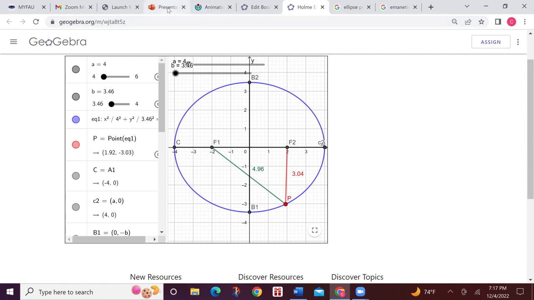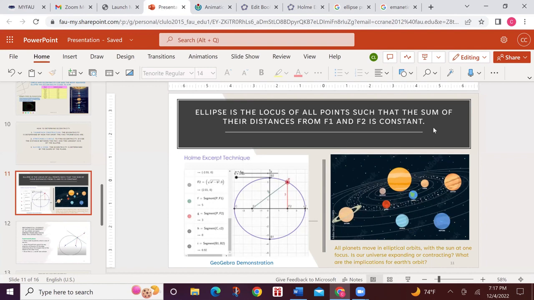Now let's see one application of this. If you look at the picture on the right screen where you have the sun, which is at the center of our solar system, all planets move in elliptical orbits with the sun at one focus.